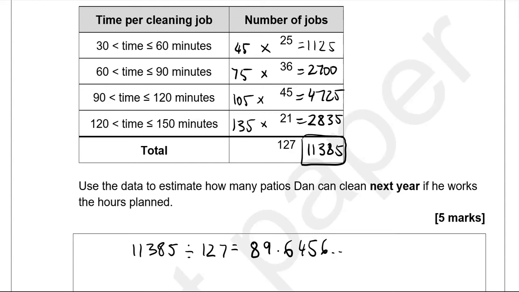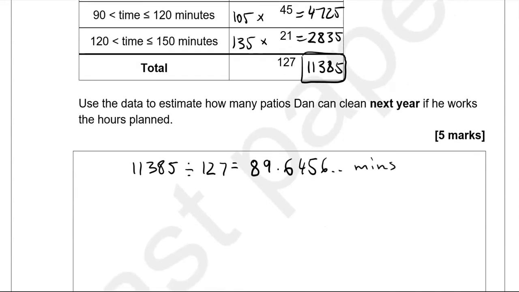So this would be minutes, which if we divide by 60, it's going to give us the number of hours, which is about 1.49 hours for one job.